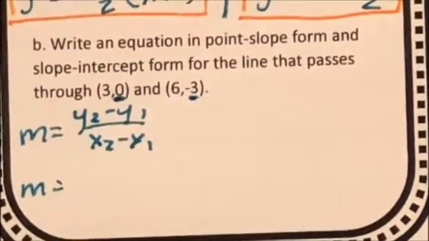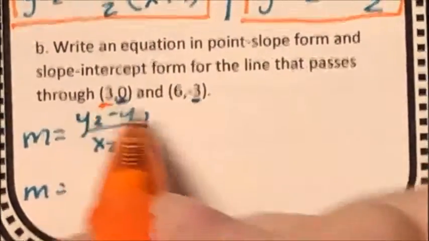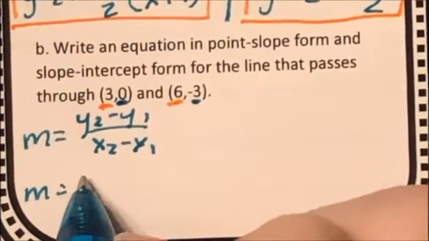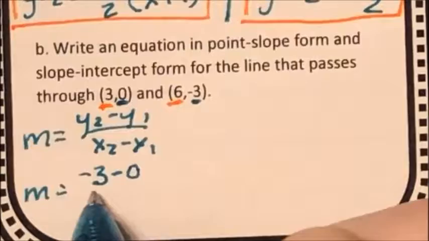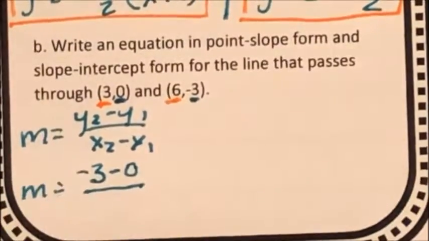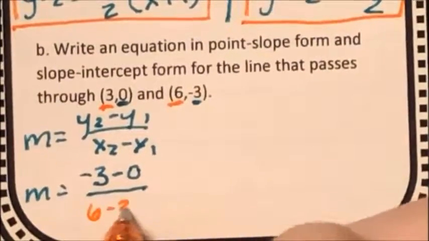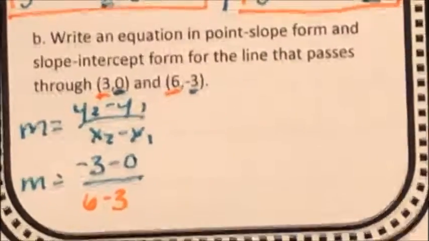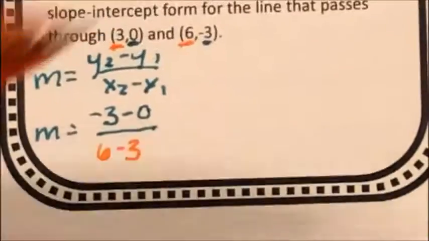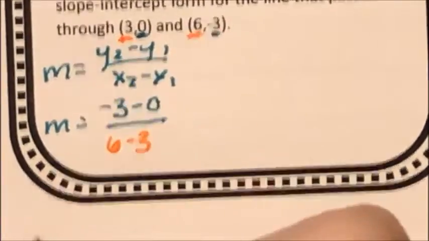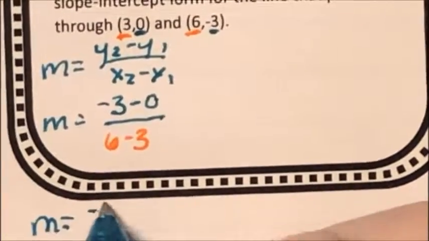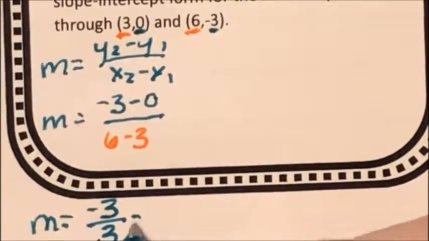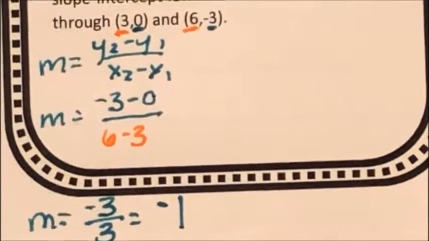Here's my two y's and my two x's. So I get -3 minus 0 over 6 minus 3. So my slope is m equals -3 over 3, which equals -1.